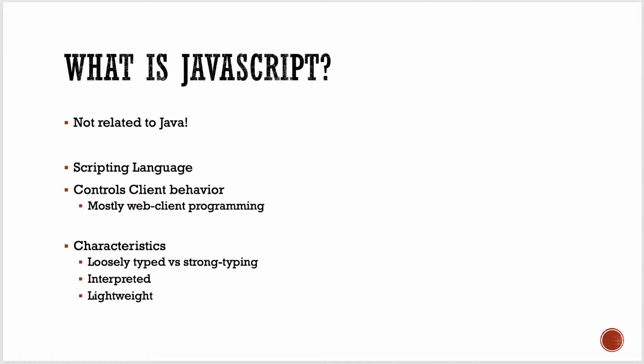Some of the characteristics of JavaScript are that it is a loosely typed language. This is in contrast to strongly typed languages. Now, one way to distinguish a loosely typed language versus a strongly typed language is to compare JavaScript's namesake, Java. In Java, when you have variables, you actually have to declare the type of the variable.